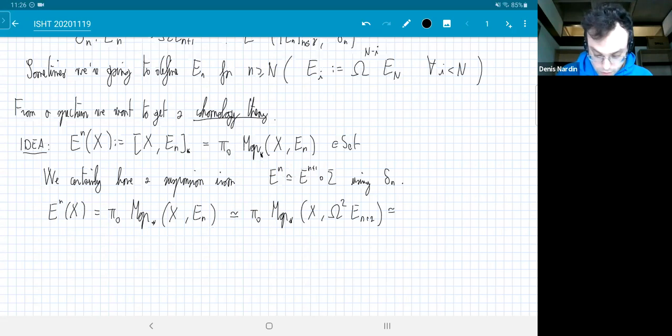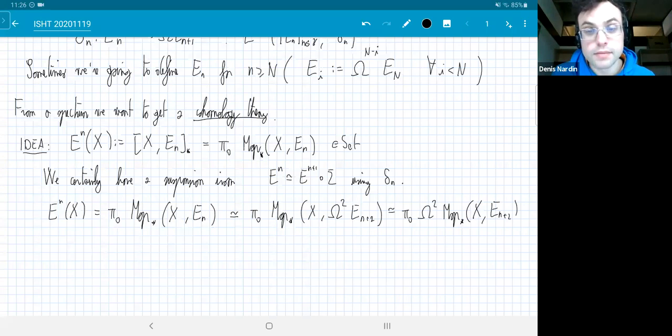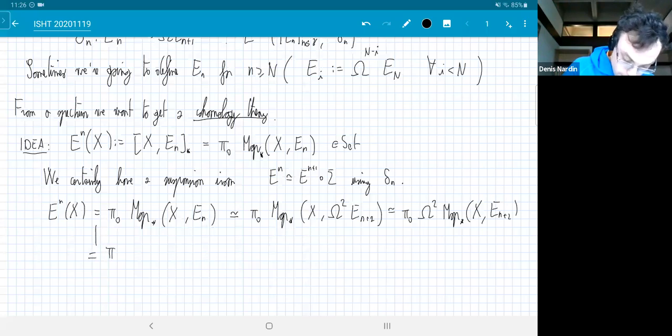And now, loops being a limit, or just by the definition of mapping spaces, you can move it out. And that's π_2 of maps from X to E_{n+2}.